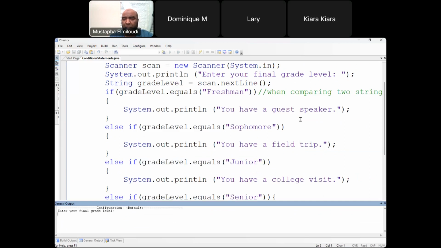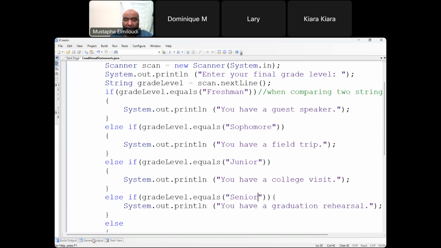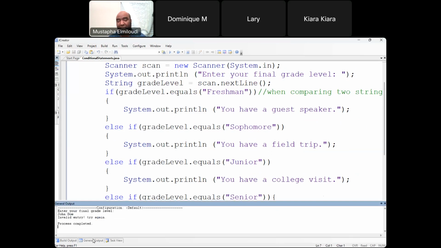Sometimes they enter the wrong thing, like for example, instead of entering the grade level, they enter something else, like their name, John Doe. See, invalid entry. Try again. So this way, if anything unexpected happens, you have an answer to it. The program can deal with it. Okay. Everybody get this? Any question?